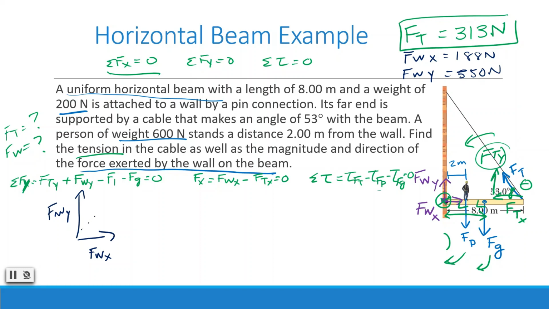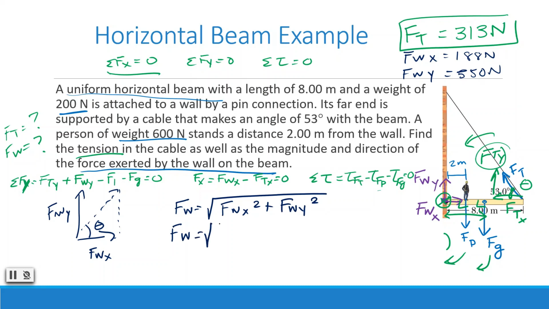So we can basically just set up a triangle here. We're going to have an angle theta between them. We're going to find the resultant. So Fw is the Pythagorean theorem, so it's going to be Fwx squared plus Fwy squared. So Fw is going to be the square root of Fwx, 188 newtons squared, plus Fwy, 550 newtons squared, which calculates out to be about 581 newtons.